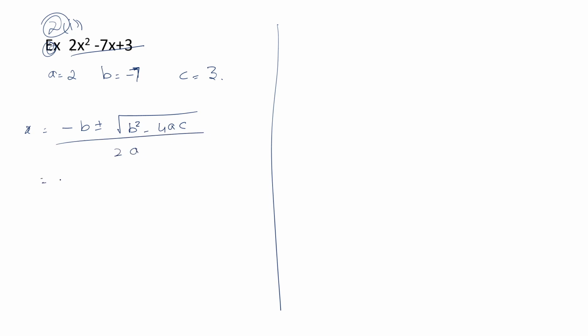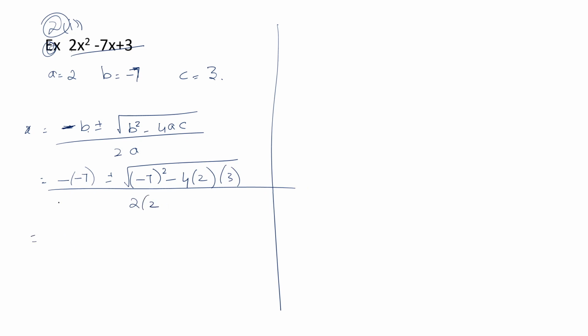So apply the values. Minus of minus, that is b is minus 7. Already minus is there in our formula. So plus or minus root of (minus 7) whole square minus 4ac, by 2a. Minus into minus, plus 7, plus or minus root of 49 minus 24, divided by 2a, that is 4.